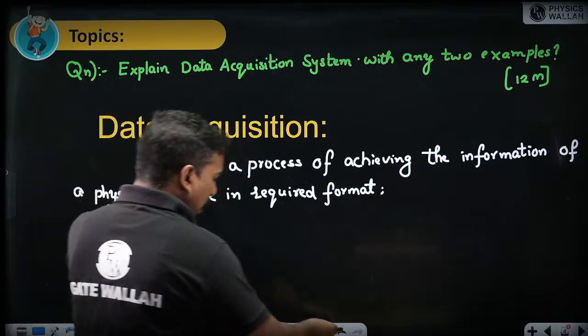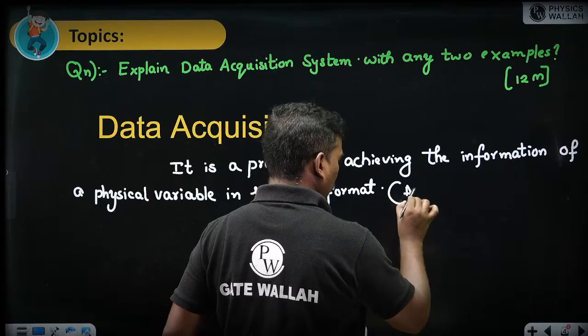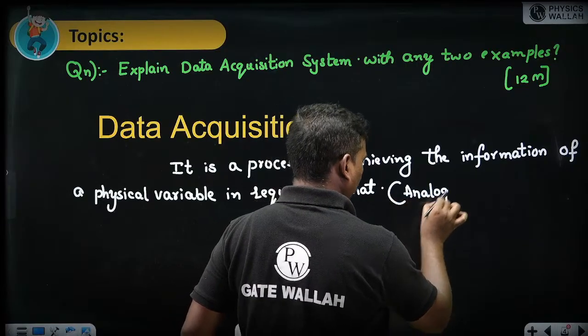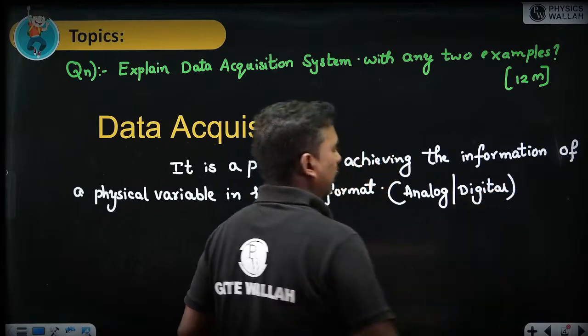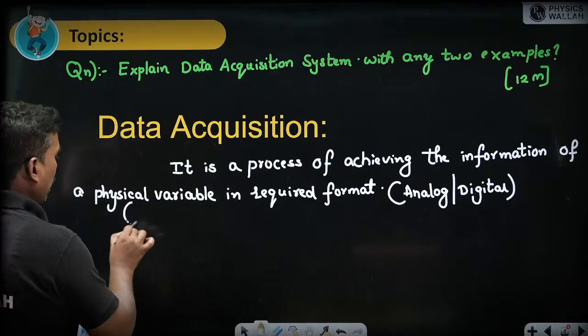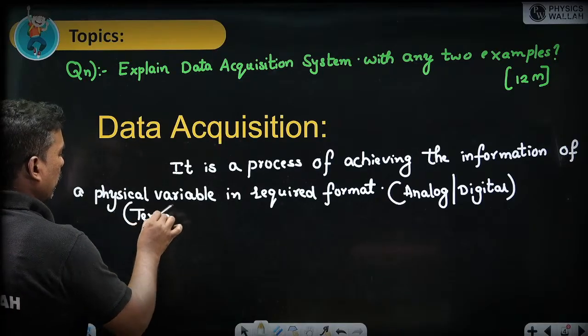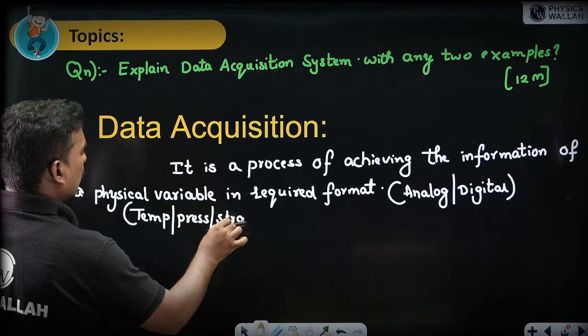So the required format can be analog or digital. Okay, so the physical variable means it can be temperature, it can be pressure, it can be strain, etc.